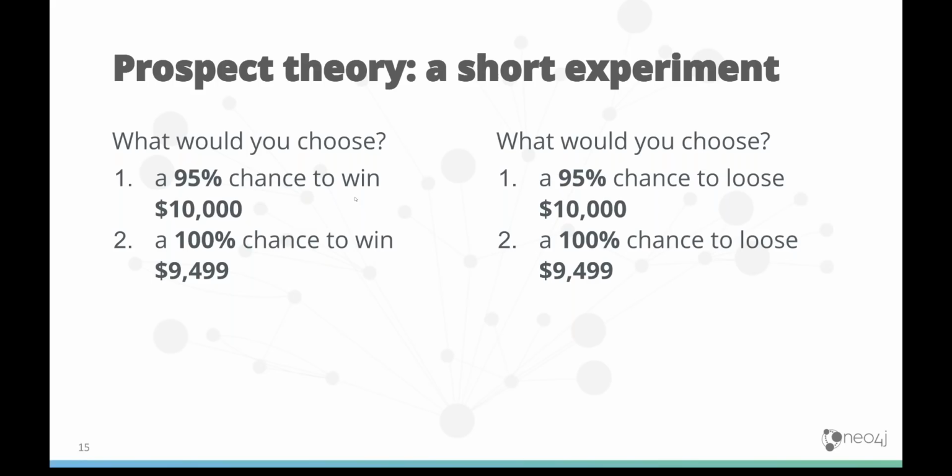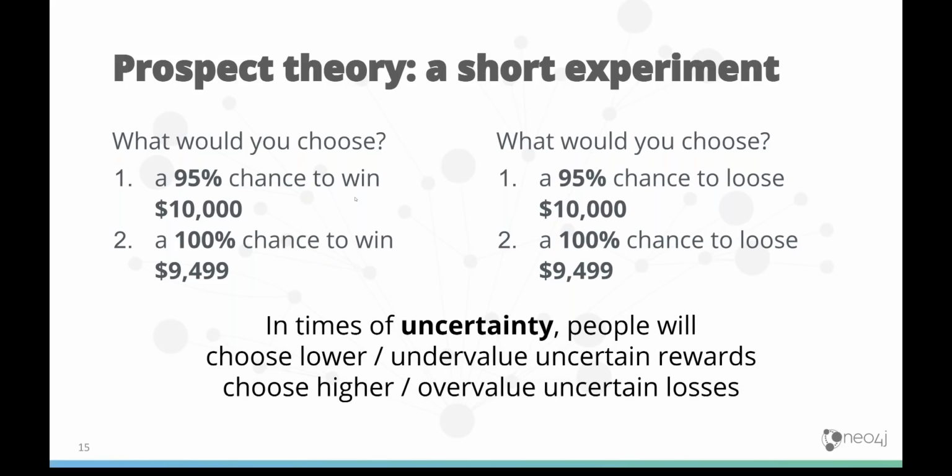So this is the fundamental thing in prospect theory. When you evaluate investments, when you evaluate whether or not you're going to do this graph project, under circumstances of uncertainty, you will choose the lower rewards and choose the higher losses.